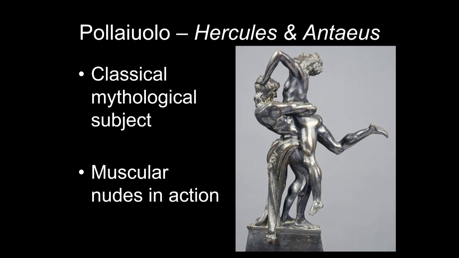It's a classical mythological subject. Antaeus was a Titan, one of the primeval giants born of Mother Earth. And he was killing travelers. So Hercules set out to kill him, to get rid of Antaeus.